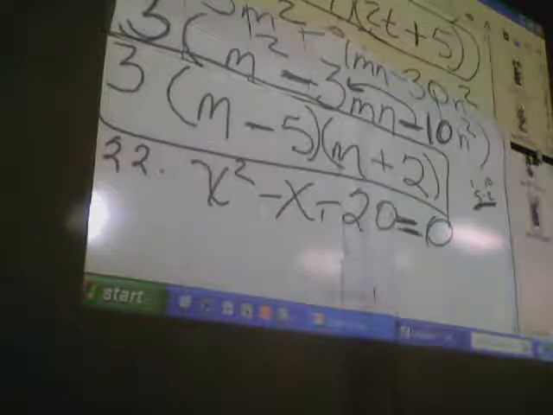Okay, so we're going to first factor it. 20 could be 1 times 20, 2 times 10, or 4 times 5. Subtracting to get a 1 or negative 1. 4 times 5, right? We have our x's and we have 4 and 5. We need a negative 1. The 5 will be negative, right?